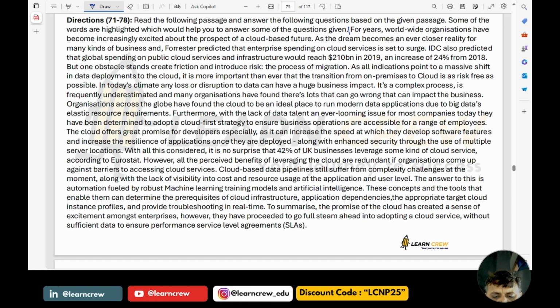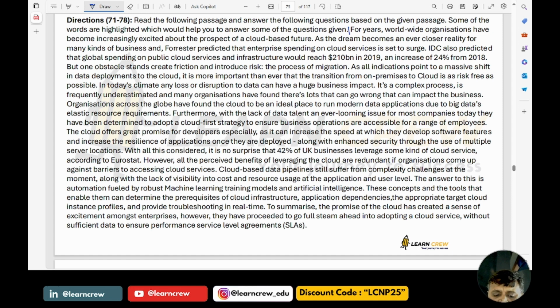The answer to this is automation fueled by robust machine learning training models and artificial intelligence. These concepts and the tools that enable them can determine the prerequisites of cloud infrastructure, application dependencies, the appropriate target cloud instance profiles, and provide troubleshooting in real time.